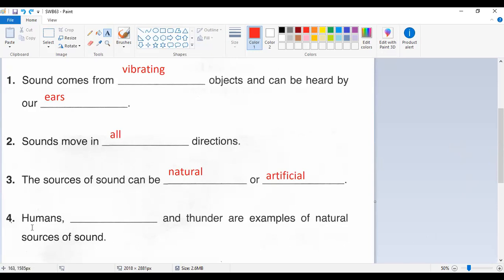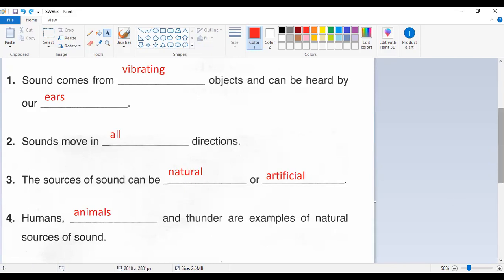Number four, three things that are examples of natural sources of sound. People, us, humans, animals, because they're alive, living things, animals, and thunder from the sky. They're all natural.